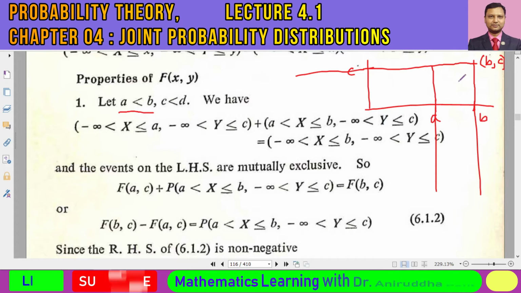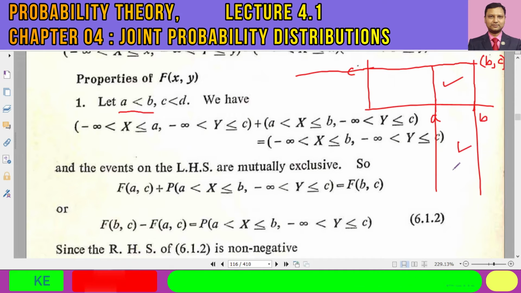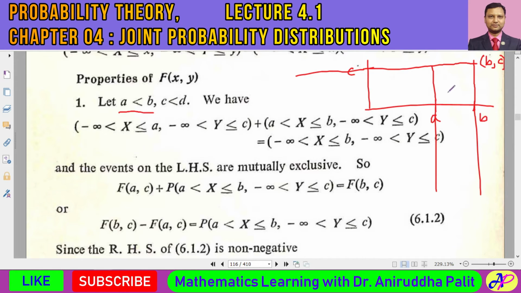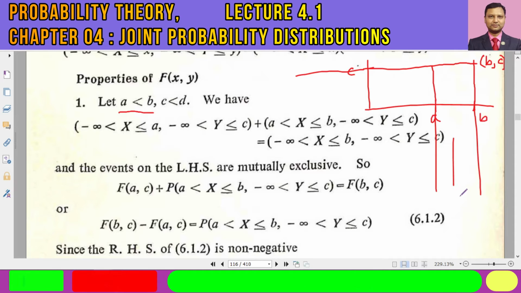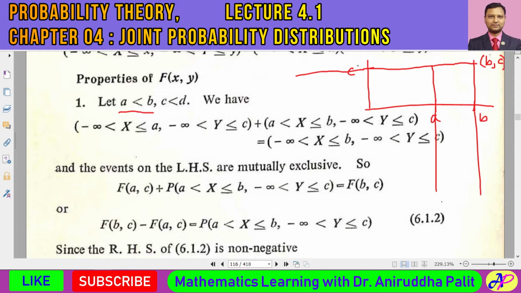And what is the remaining zone? This is the remaining zone. Over here you can see that this is infinitely extended in the downwards side. So this infinitely extended region is bounded by these two lines, x is equal to a and x is equal to b.